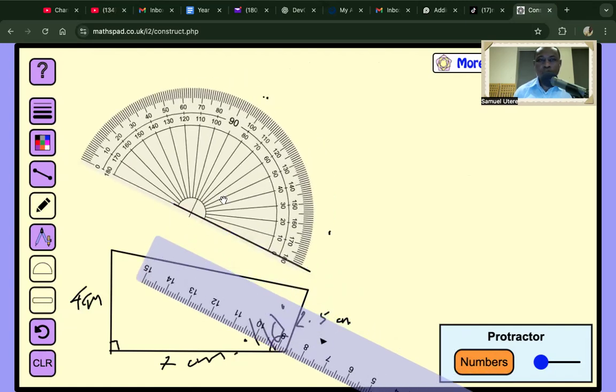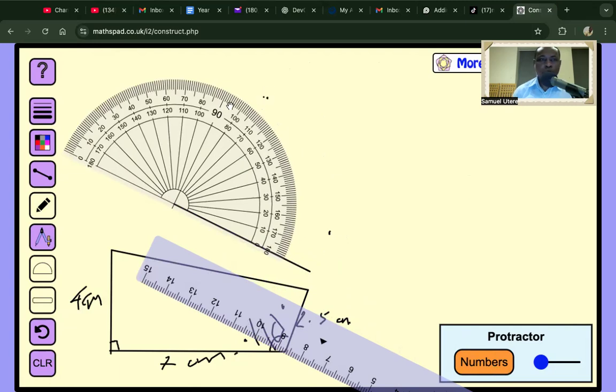Okay, let's draw 95 degrees. Put a 95-degree mark there.